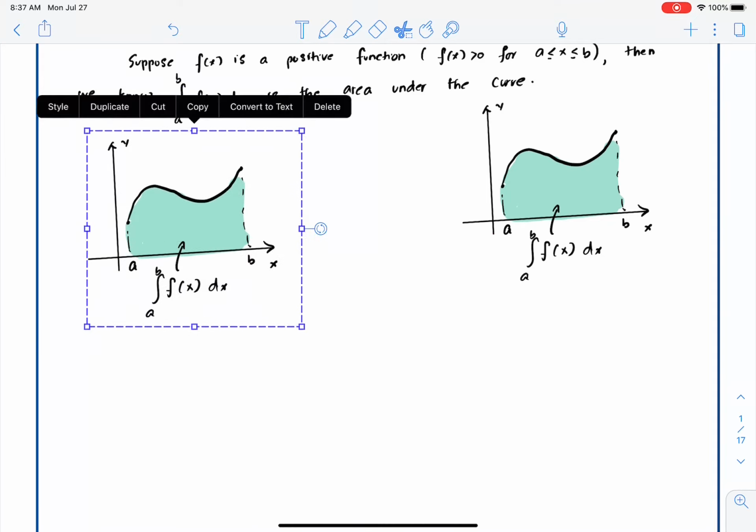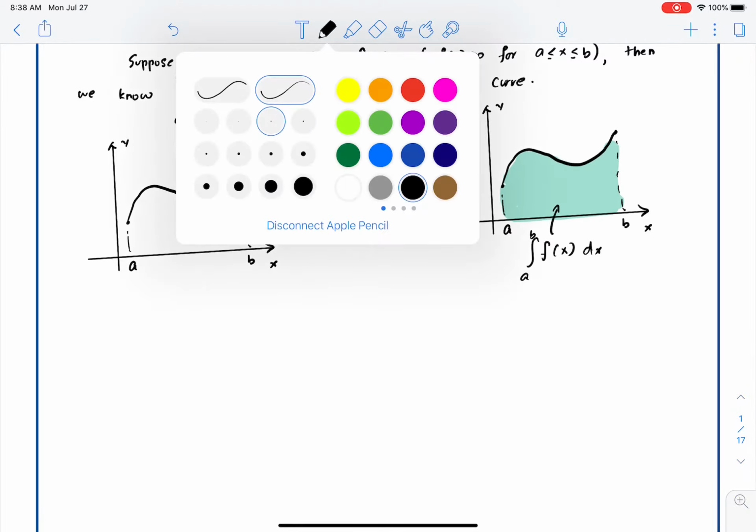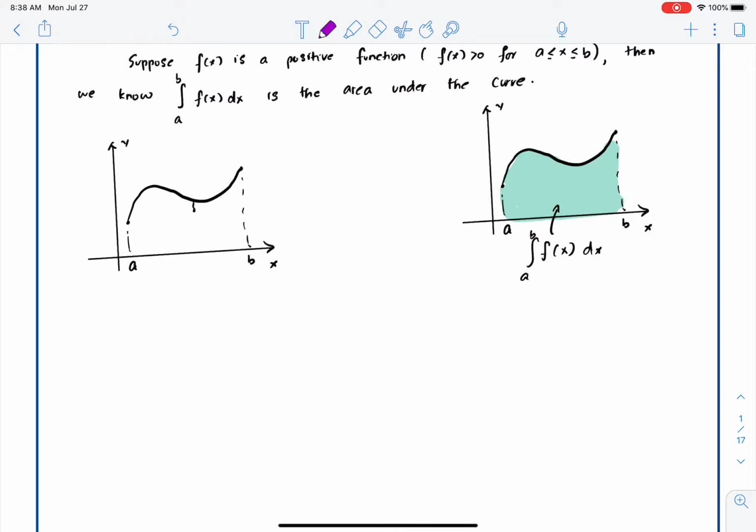So the same function, but what I'm going to do now, I'm going to pick an arbitrary line between a and b, and I'm going to call it t.